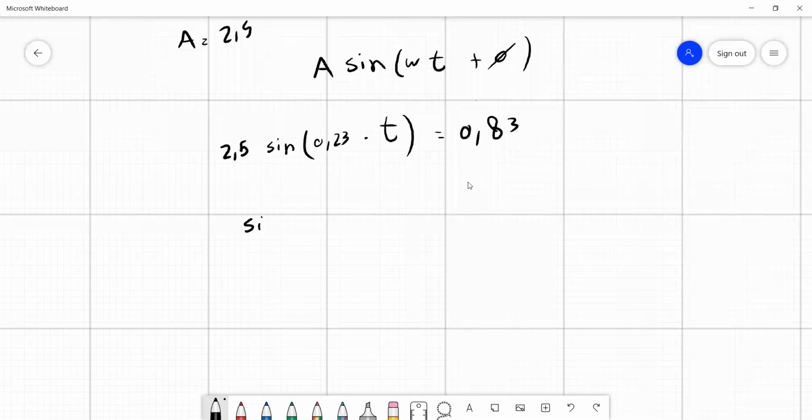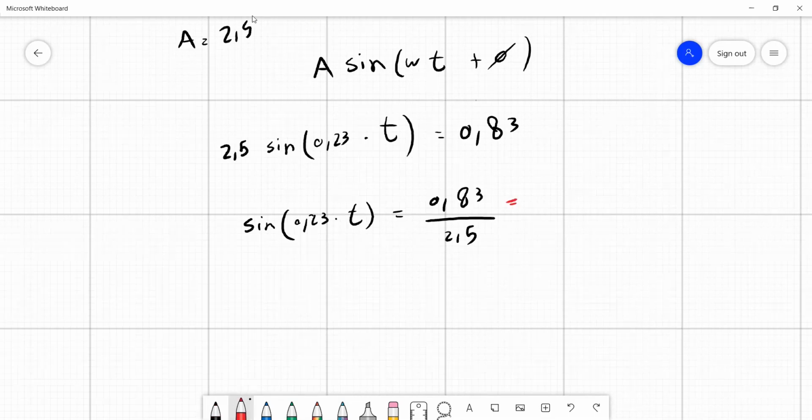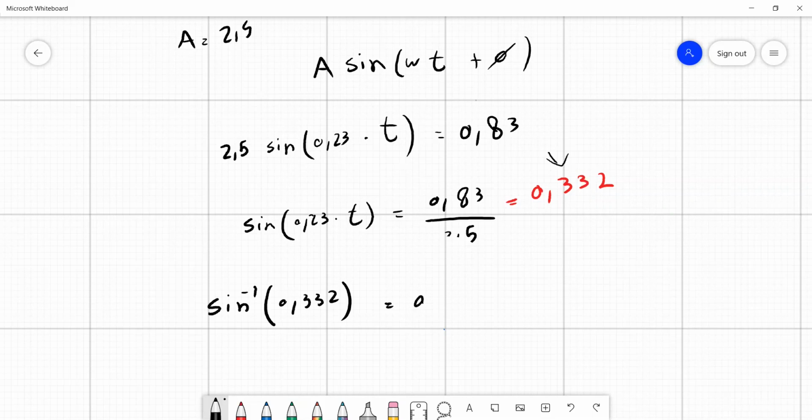Okay, so now it's just quick algebra, nothing too difficult. So now we have sine of 0.23 times t equaling 0.83 divided by 2.5. So you should get somewhere about 0.332. Okay, and now we need to get rid of the sine. So we do that by taking the arcsine of the result. So if we take sine inverse of 0.332, that should give us 0.338.